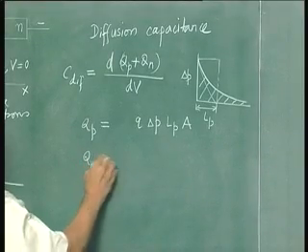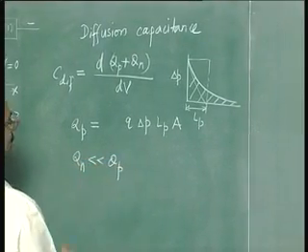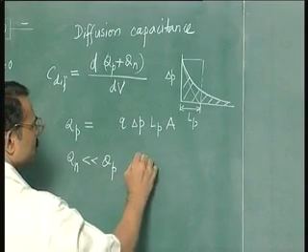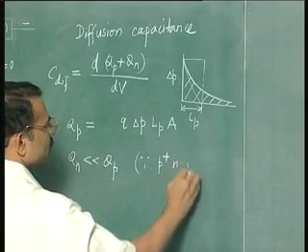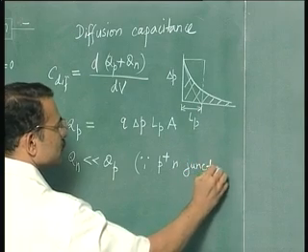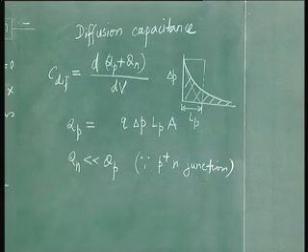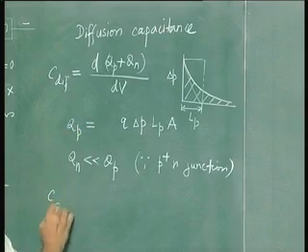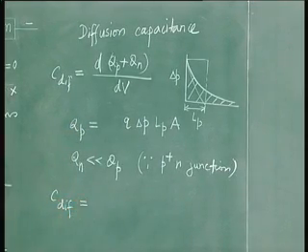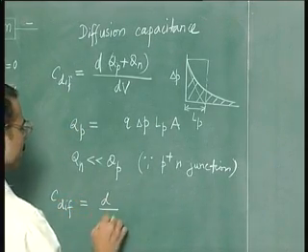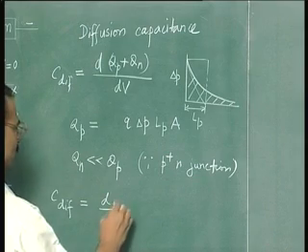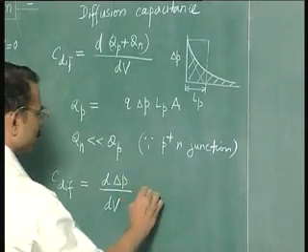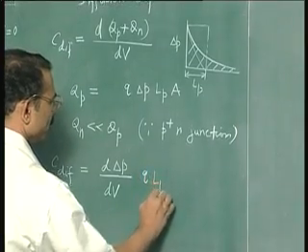So we assume Qn less than Qp since p plus n junction. So with this approximation and this equation, you get the equation for C diffusion as d/dV of delta P multiplied by q Lp into A.